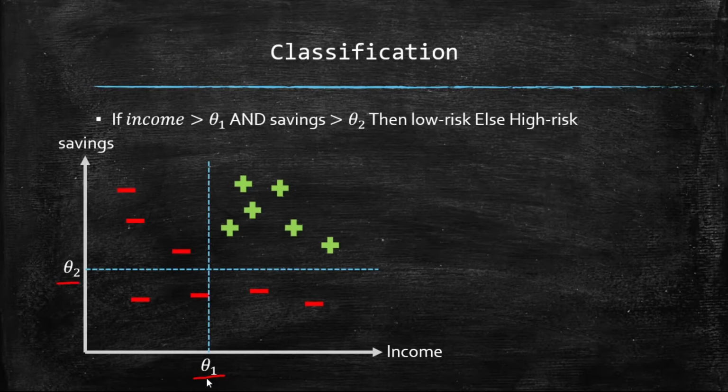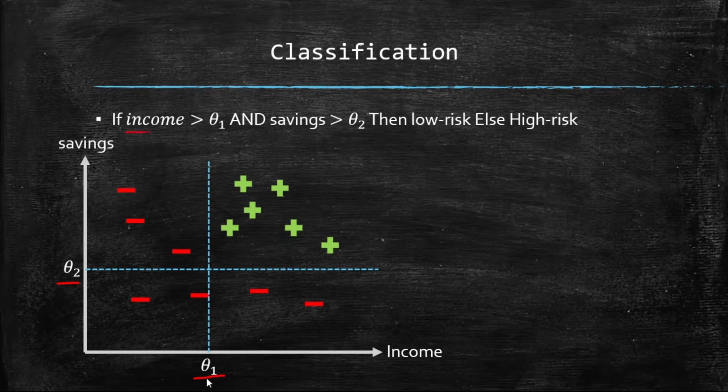And using this simple plot, we can come up with a simple rule, and that is exactly what machine learning does. So if the income is higher than theta 1, now what does it mean? You have to ask yourself, which side of this whole plot applies to this particular part here?